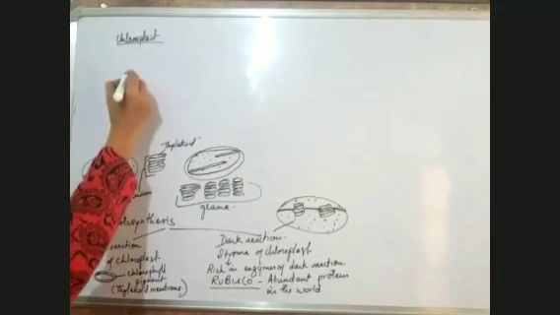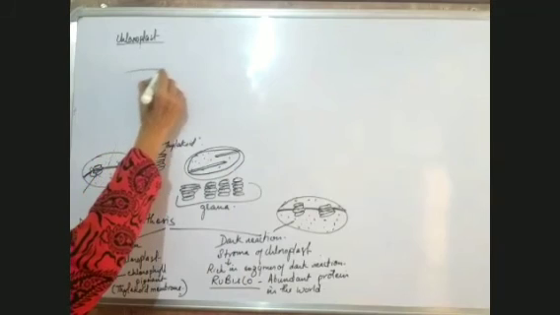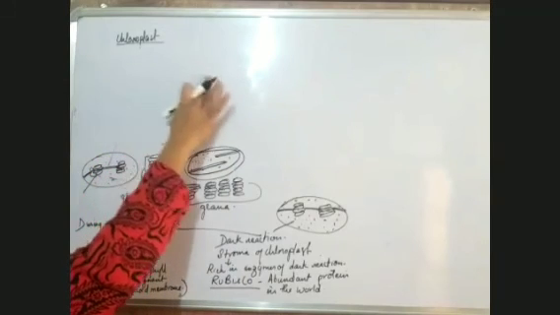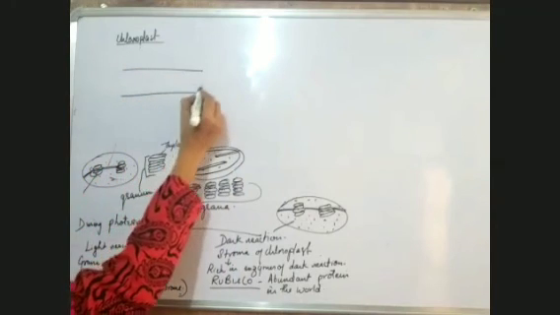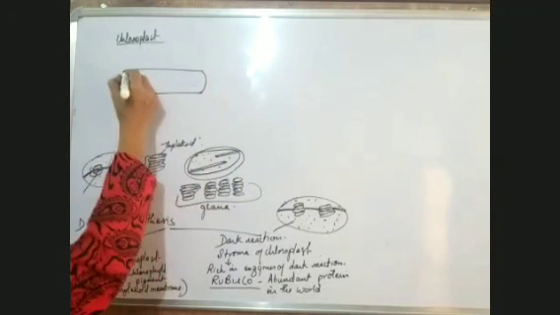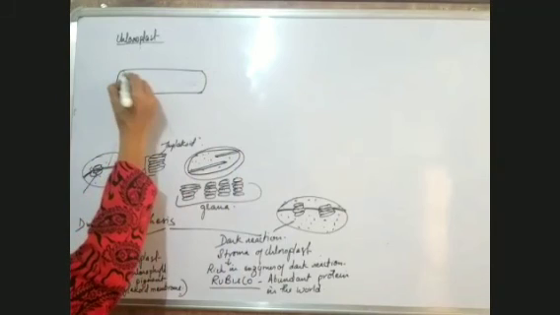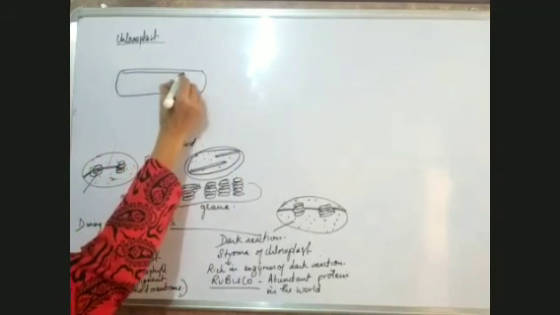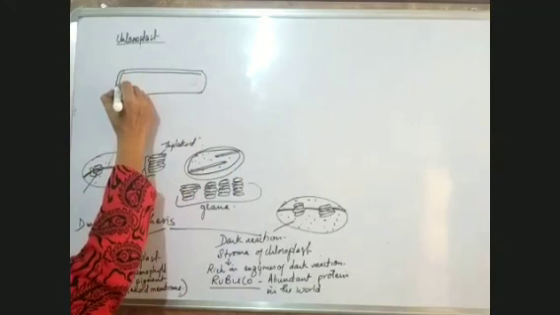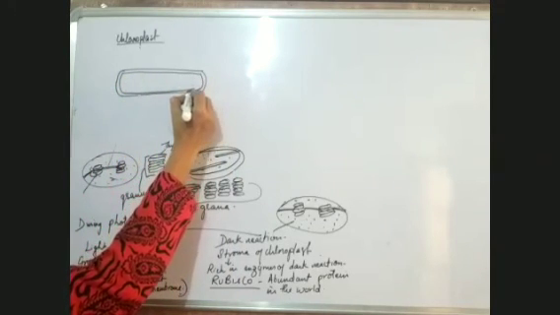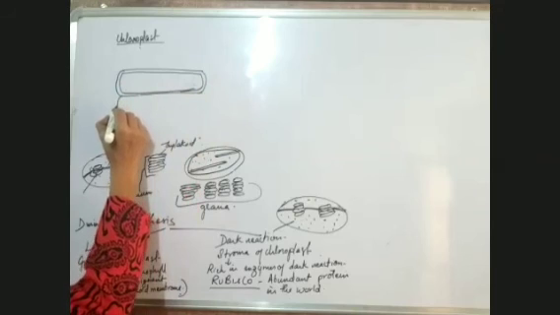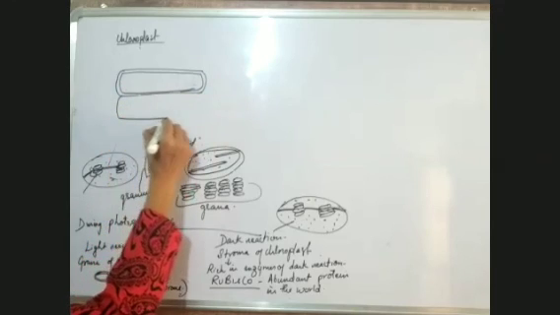The thylakoids are structures like this, as you know. I'm making one thylakoid. This is the membrane of thylakoid, and in the membrane of thylakoid, we have the chlorophyll pigment.